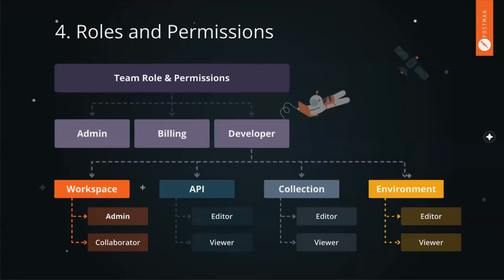If you're on a business or enterprise plan, each workspace, API, collection, and environment has its own role-based access control. You can assign 2 role types in Postman workspaces: admin, who can manage the workspace details and members, and the collaborator, who can work on team resources in a workspace.